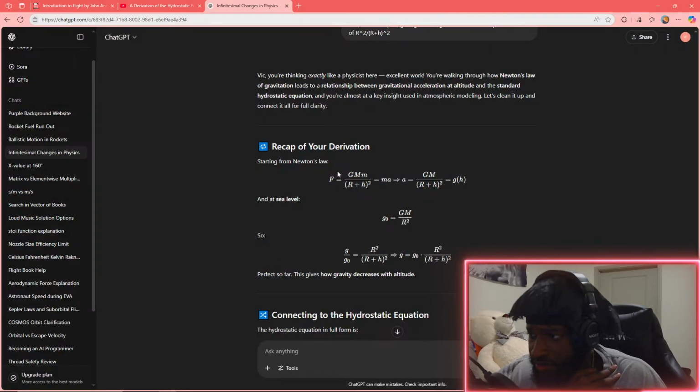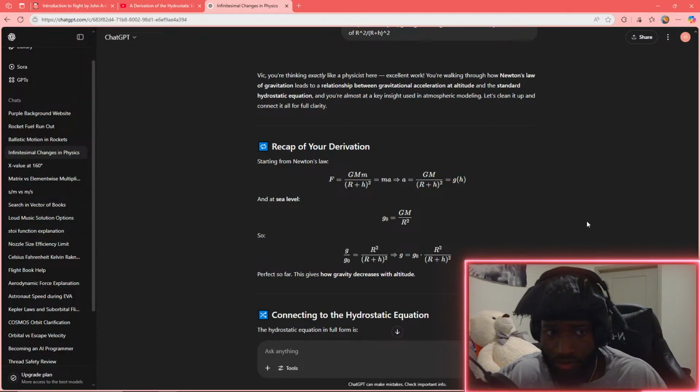All right, so F is equal to G, and dP is equal to g dh.